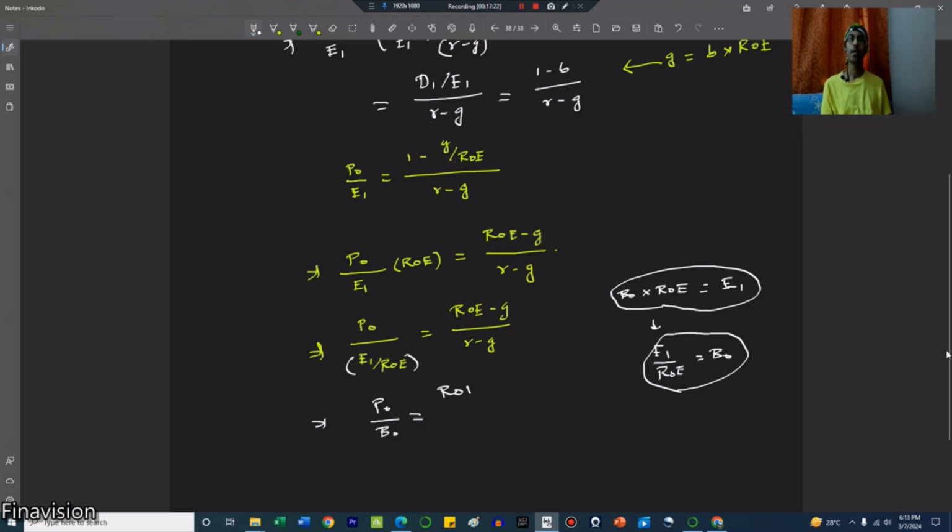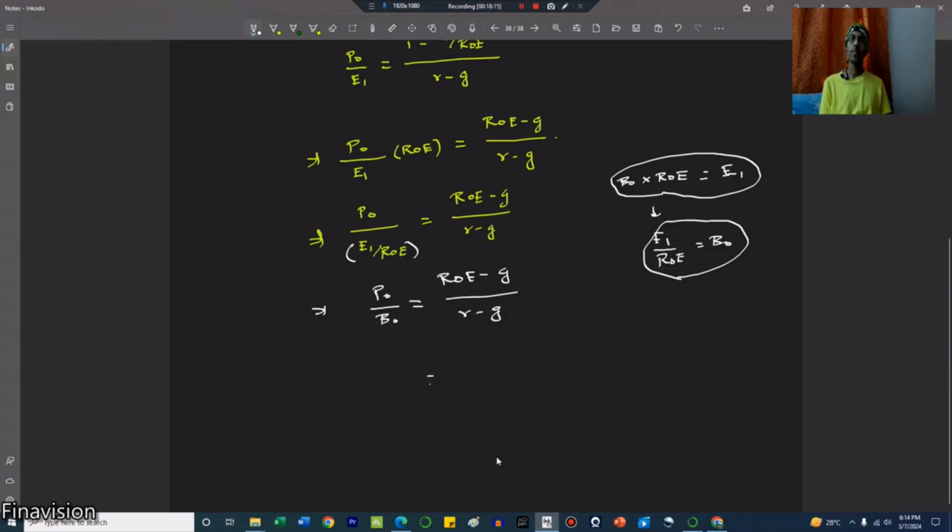This becomes (ROE minus g) by (r minus g). Now this can be rewritten as (ROE plus r minus r minus g) by (r minus g).